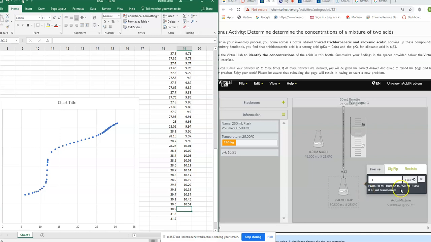It's definitely flattening out now. Yeah. 10.57.